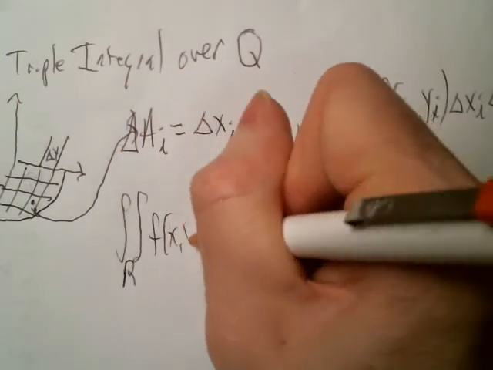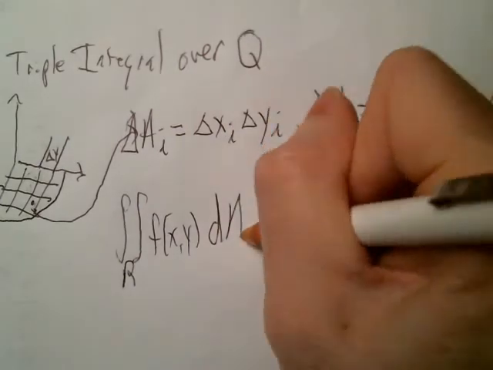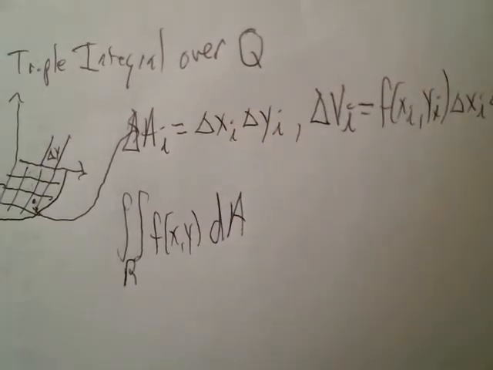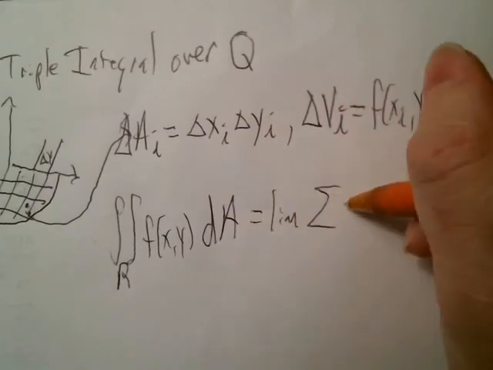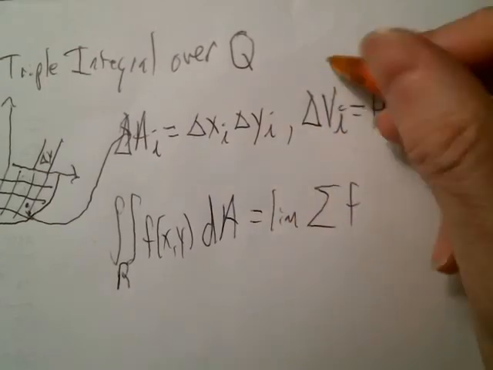So this double integral would in fact give you a volume, right? And this would just be the limit of the sum of these things right here.